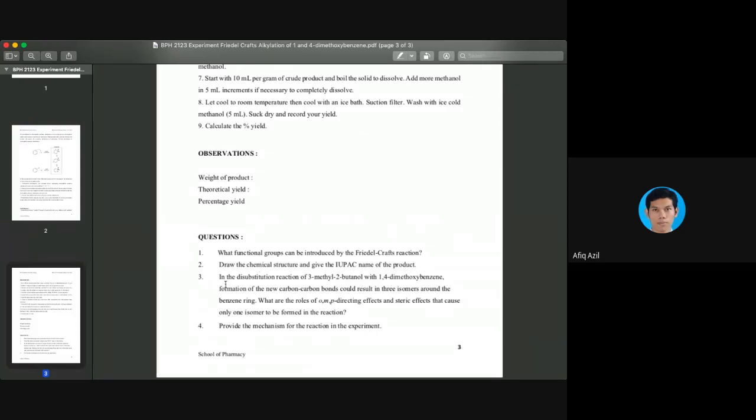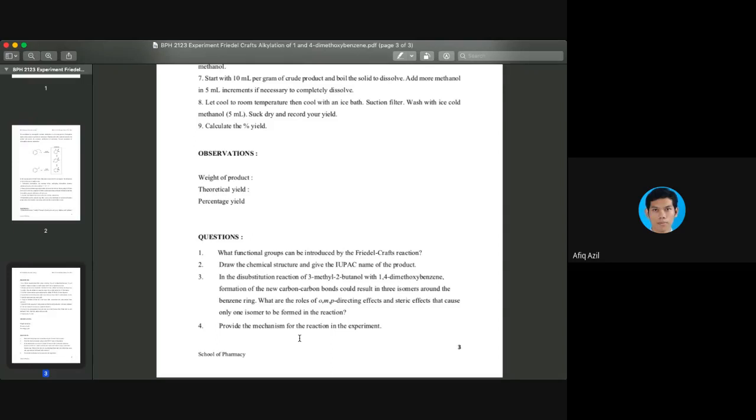Okay, and then in the disubstitution reaction above, formation of the new carbon-carbon bond could result in 3 isomers around the benzene ring, which are ortho, meta, and para. So what are the roles of the ortho, meta, and para directing effects and steric effect that cause only one isomer to be formed in the reaction? Meaning that there is only one product that will be obtained instead of probably 3.